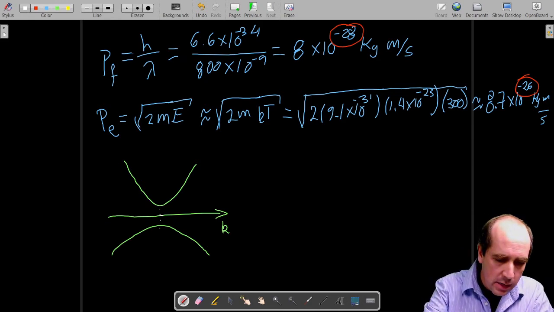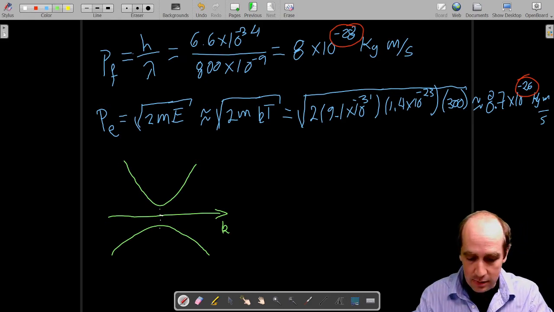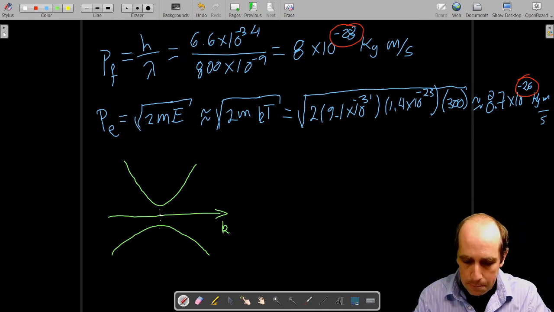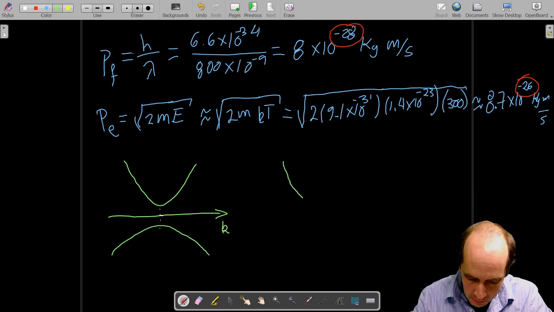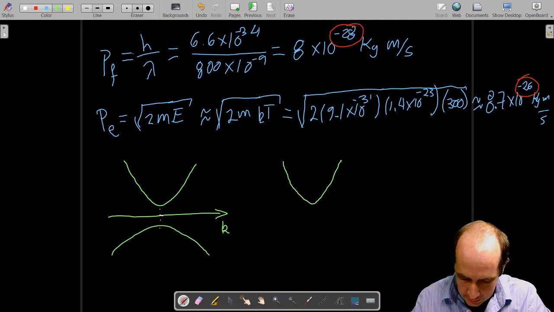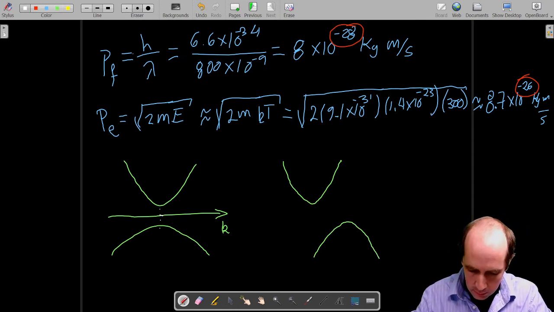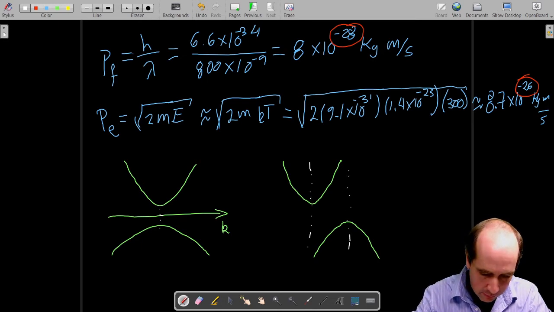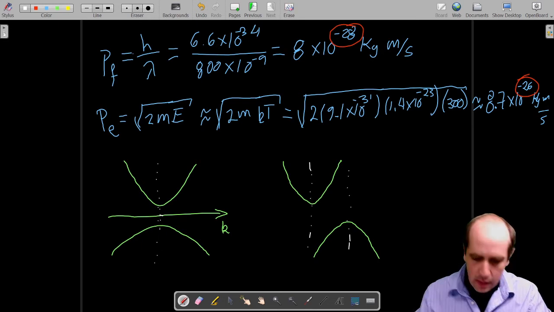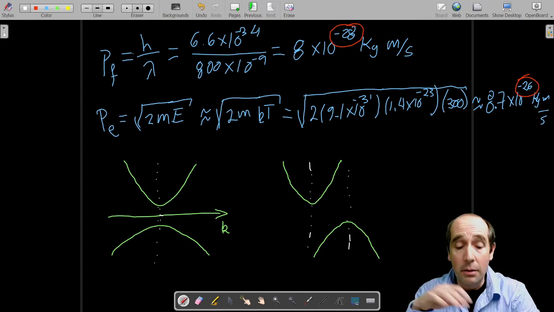There are many cases in which the minimum of the conduction band and the maximum of the valence band are not aligned with each other. So these two appear in different places, and this changes things substantially.